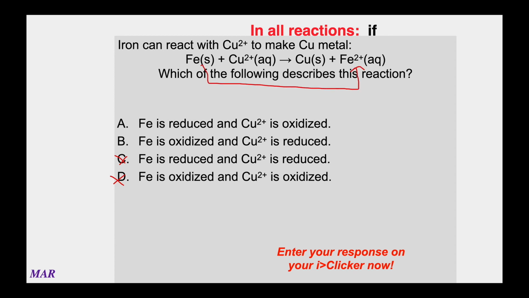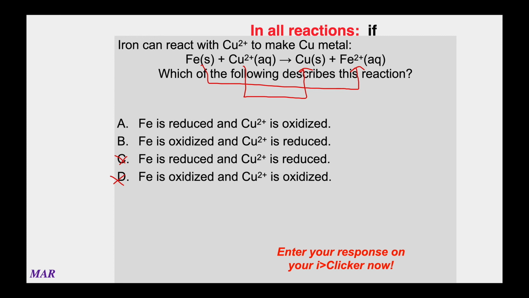Anyway, to answer this question, what I would do is look at the species which are similar. So iron and iron 2 plus would be a similar combination on the reactant and product side, and copper 2 plus and copper would be another equivalent example. And notice for the iron's sake, iron is going from an iron 0 to an iron 2 plus. And the only way that can happen is if the iron 0 would lose 2 electrons.